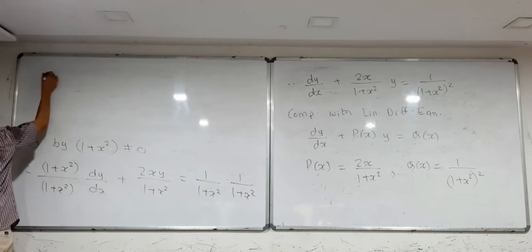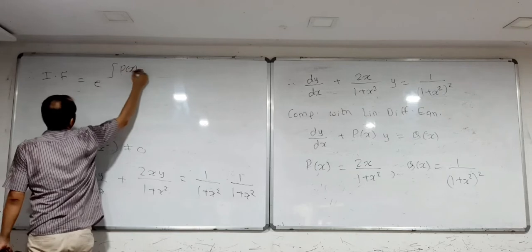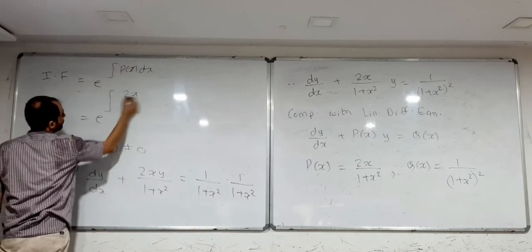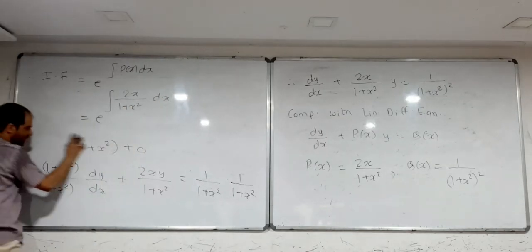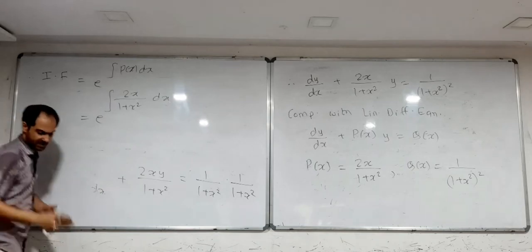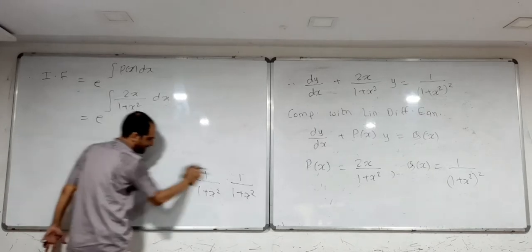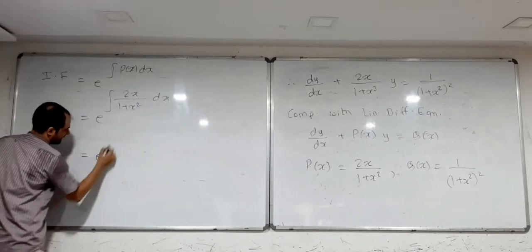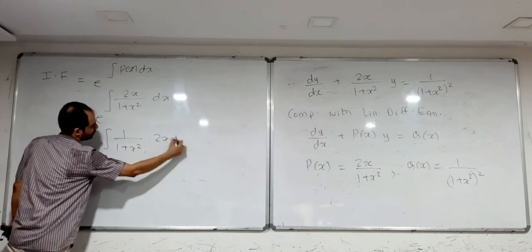So integrating factor IF is e raised to integration of p x dx, which is e raised to integration of 2x upon 1 plus x square dx. Okay, अब just write. अब आप उसको कैसे लिखोगे? Now how you will write that thing? इसको लिखेंगे 1 upon 1 plus x square into 2x dx. This will become e raised to integration of 1 upon 1 plus x square into 2x dx.